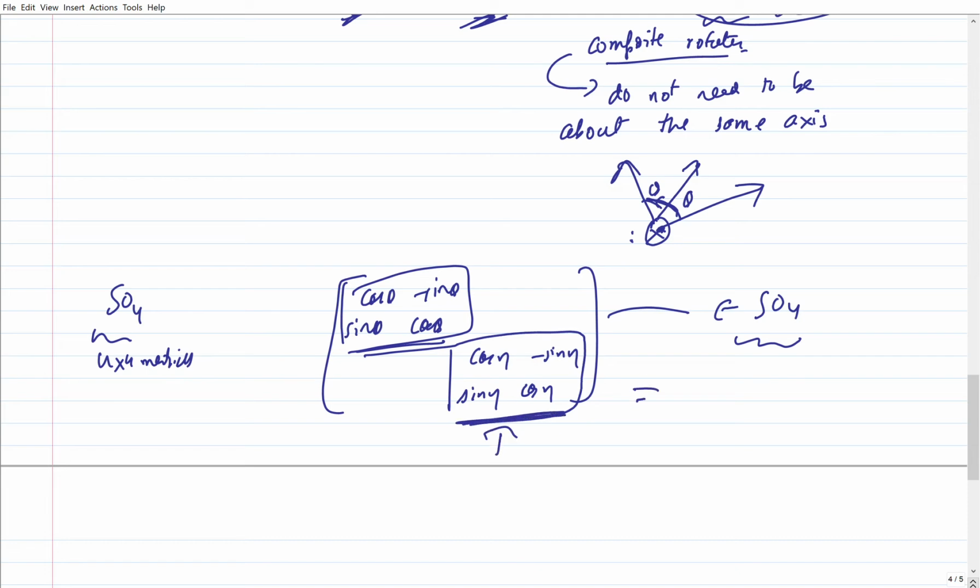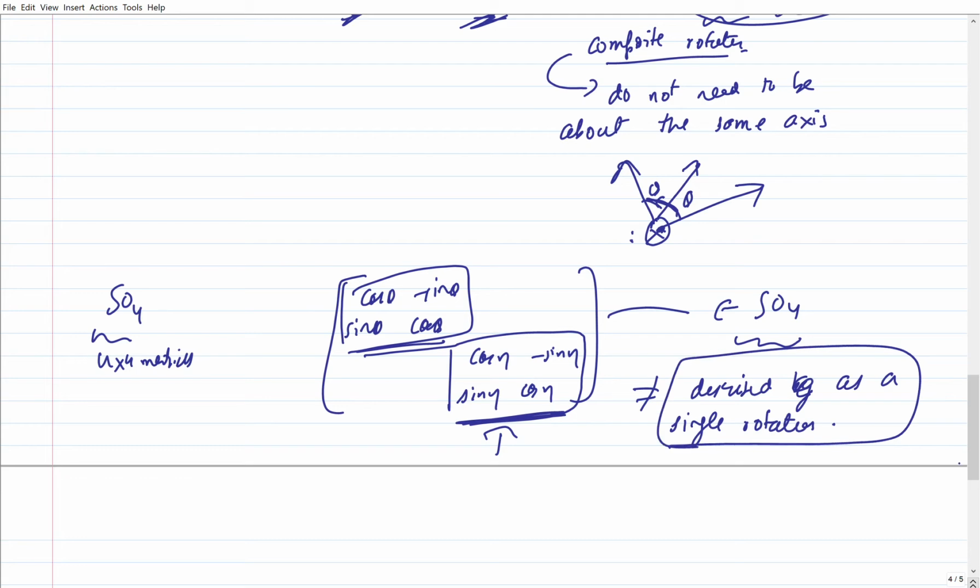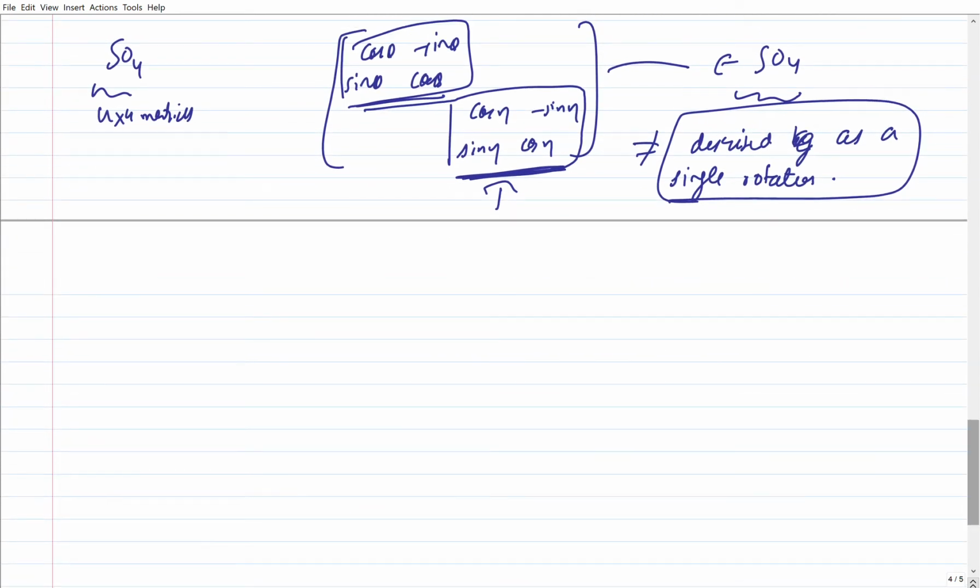This cannot be described as a single rotation. So things are, I would say, much simpler up to 3 dimensions. In 4 dimensions and beyond, the SON group acts a bit funny.